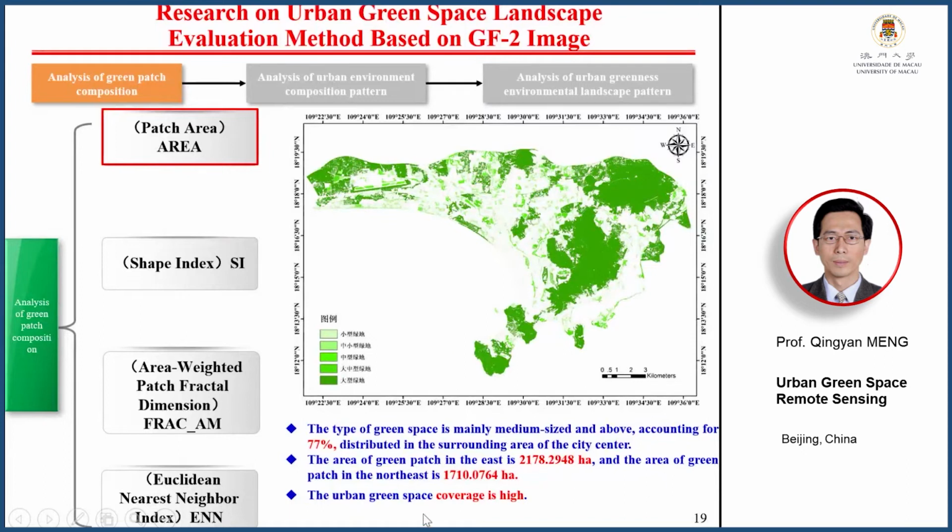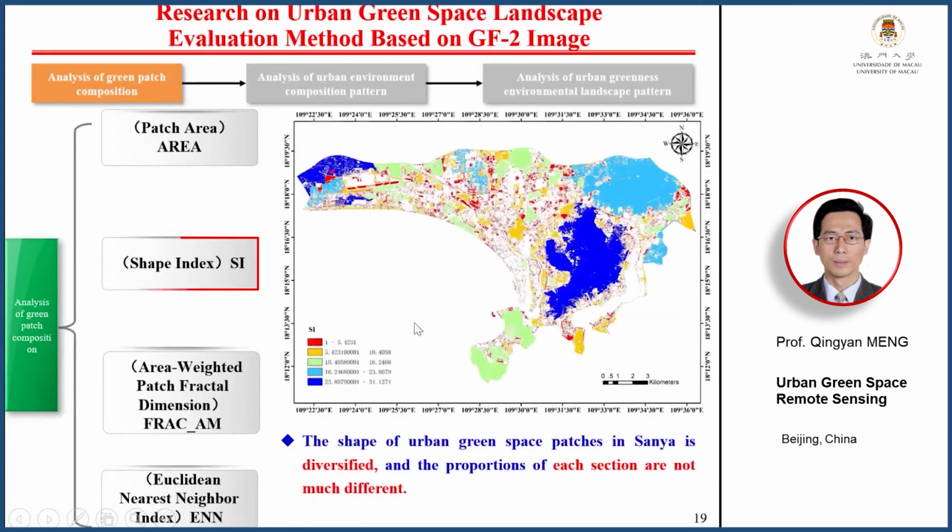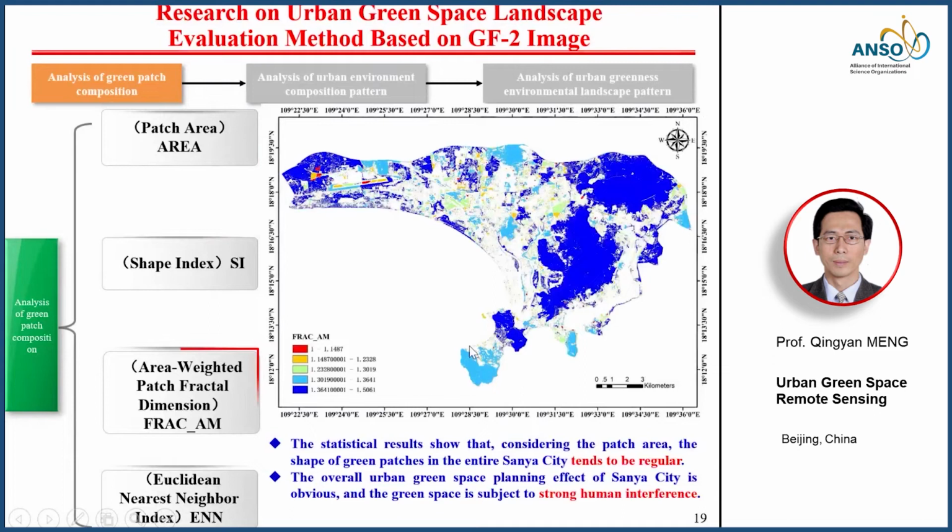And this is the shape index. We can also see that the shape of the urban green space in Sanya is diverse, and the proportion of each section is not much different. And also the area weighted parameter.